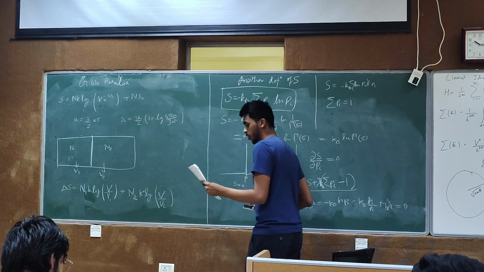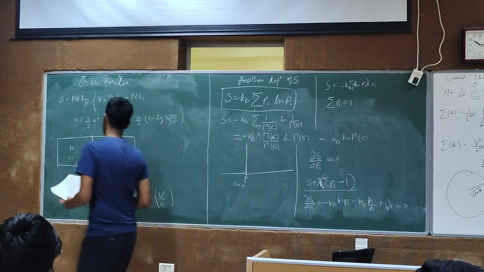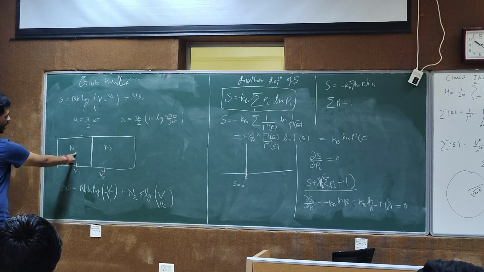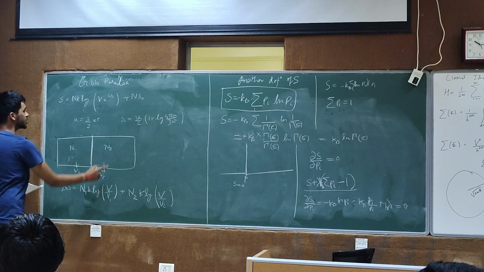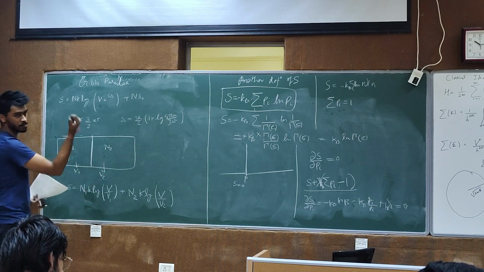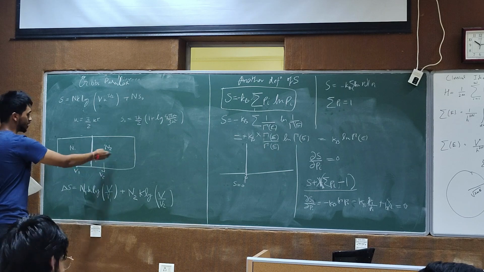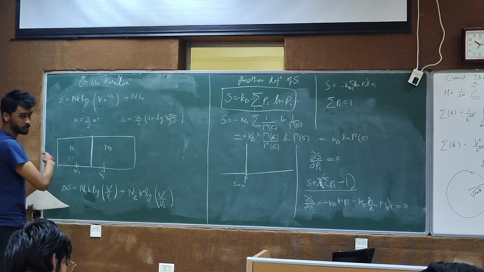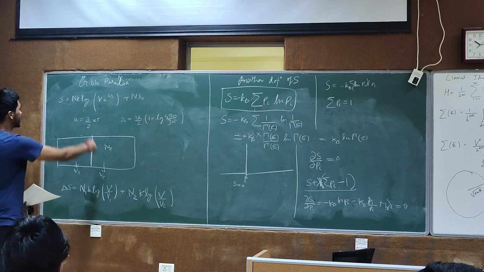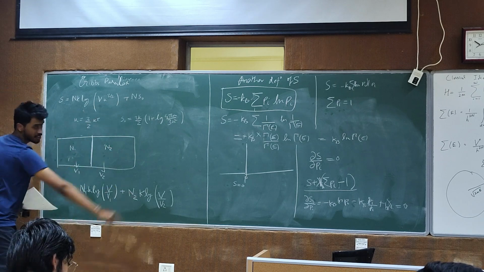But the problem comes when N1 and N2 are both the same gas. If these are both the same gases, removing the partition doesn't change anything. You just have a single gas and it's spread out all over the volume. There should be no increase in entropy. But this equation predicts an increase in entropy.